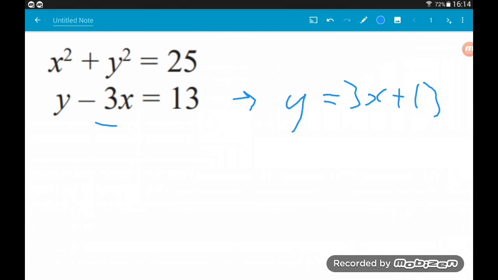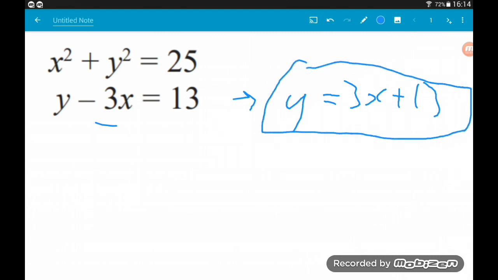So that little guy there, that's our first step, and this is where this technique gets its name from, substitution. We now substitute that into the quadratic equation up above. So we no longer think of y as y, we now think of y as 3x plus 13.